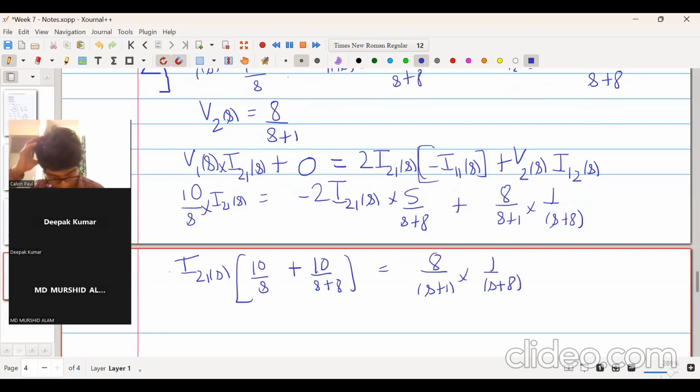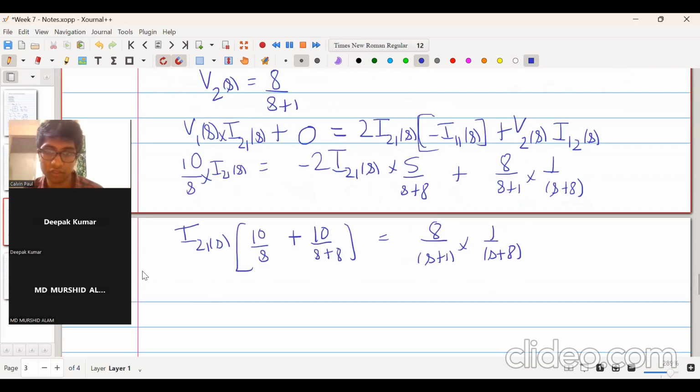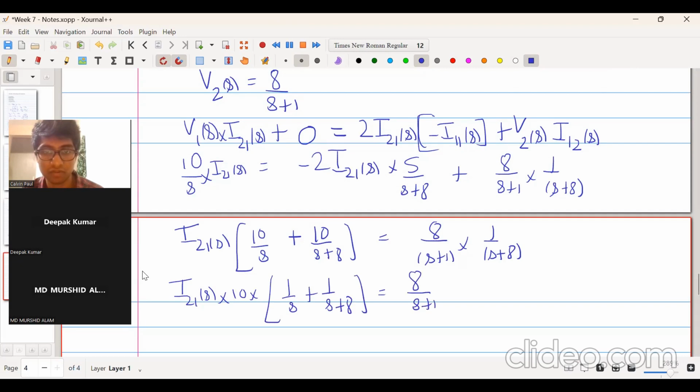So any doubts in this? No, sir. So we take 10 common. I21 of S into 10 into 1 upon S plus 1 upon S plus 8, equal to 8 upon S plus 1 into 1 upon S plus 8.